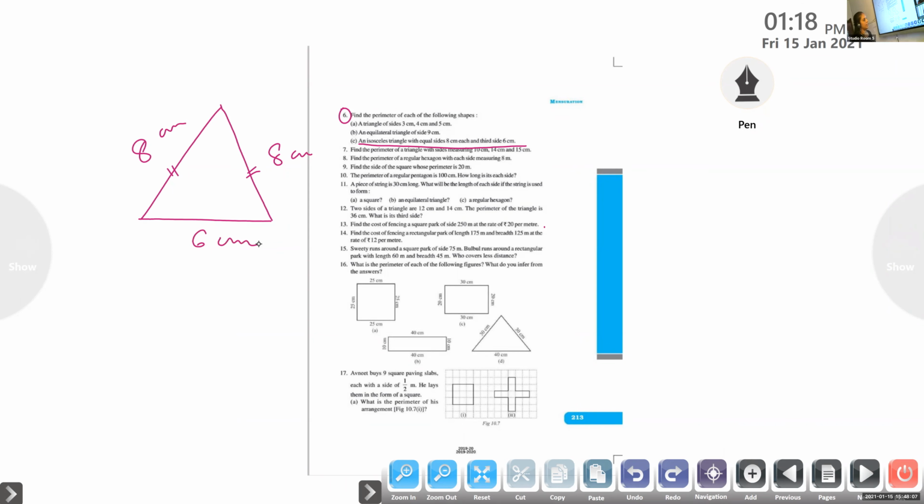We can multiply 8 by 2 and add 6, but 8 plus 8 plus 6 is enough. No need of such a long way, because no need of the formula. The answer is 22. Clear?